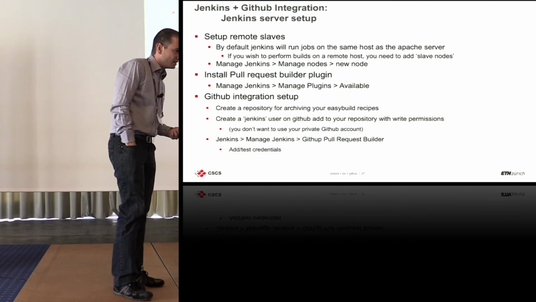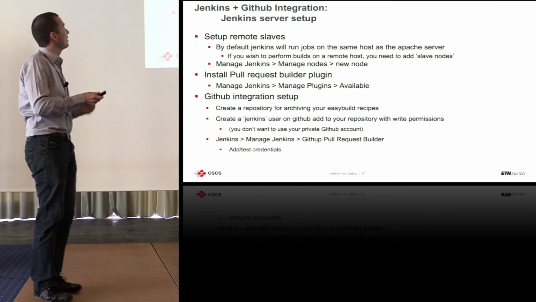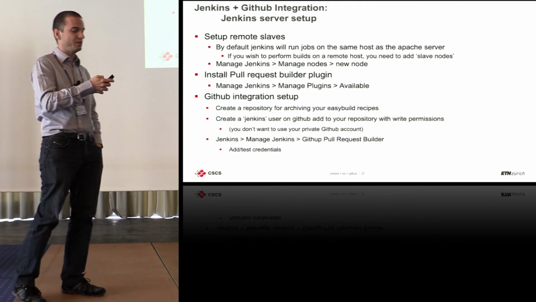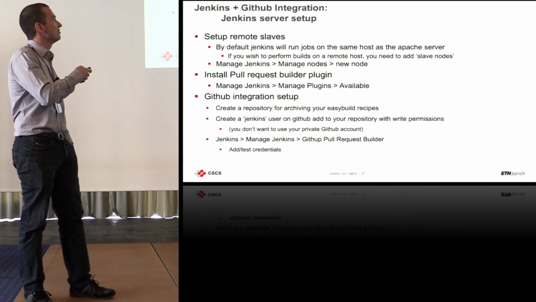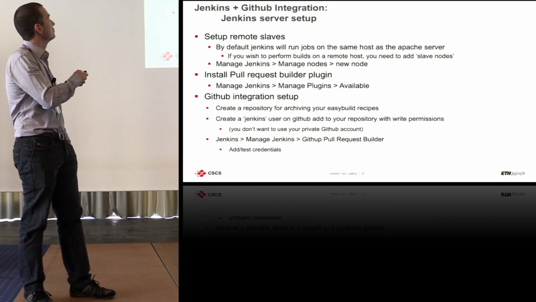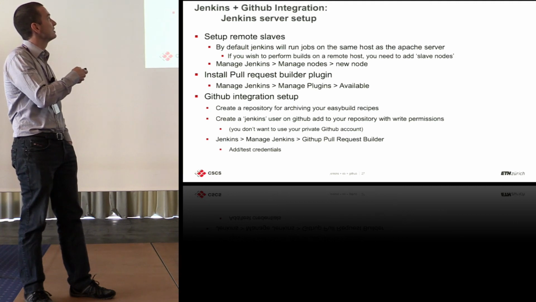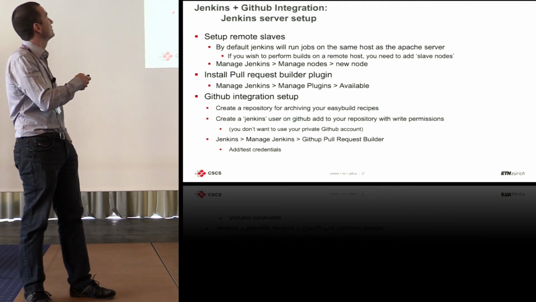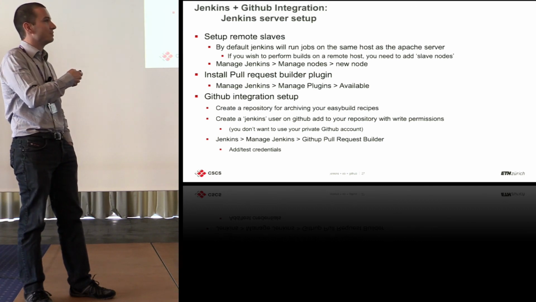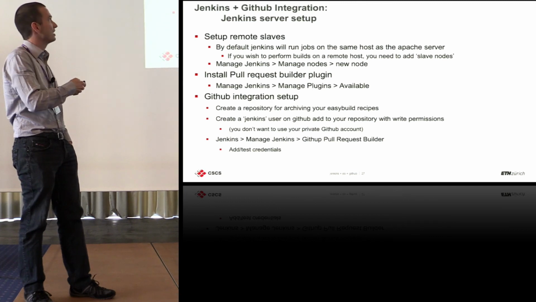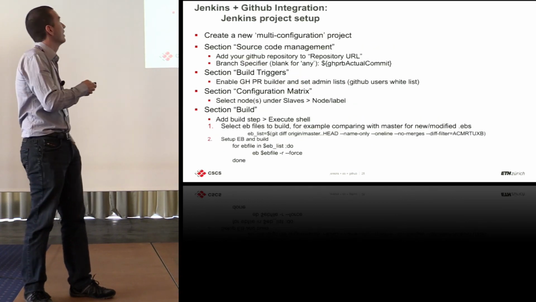I think I don't have much time, so I won't go through the step-by-step guide on how to set up Jenkins. I just added this since you're going to have the slides, and if you want to set up Jenkins to do the same, you can just follow these steps. They explain how to set up Jenkins and connect it with GitHub.